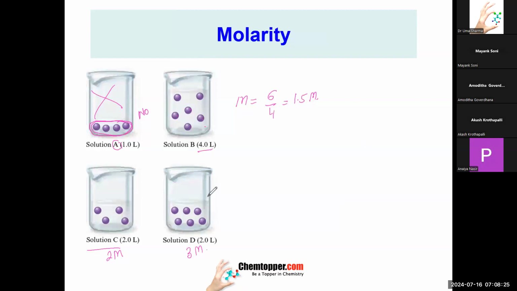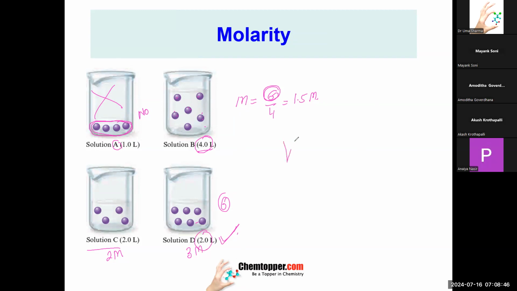But can you see the number of particles here? 1, 2, 3, 4, 5, 6 here, right? Here also 6. But how come this is more concentrated? Because it has exactly half of the volume. This is 4 liters and this is 2 liters. So volume is very important.